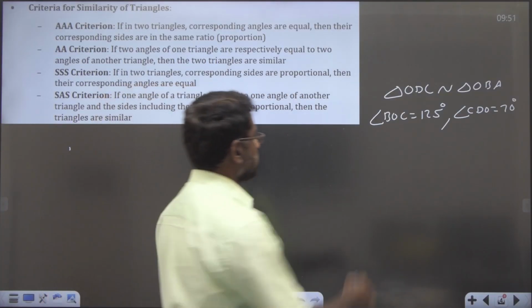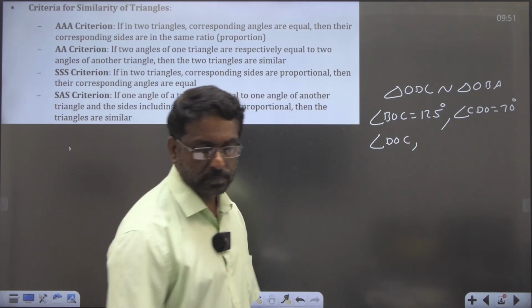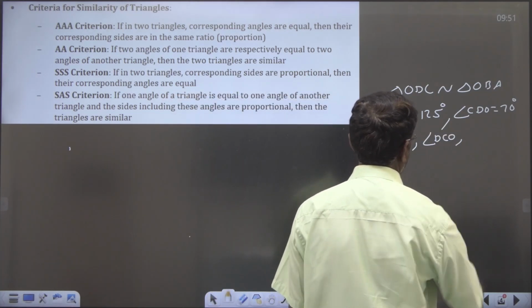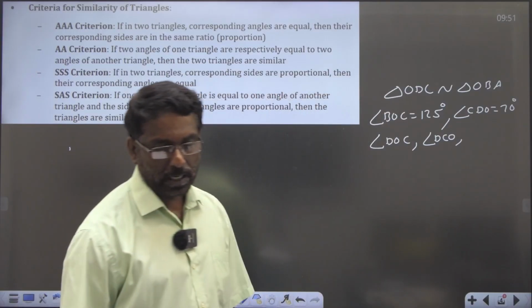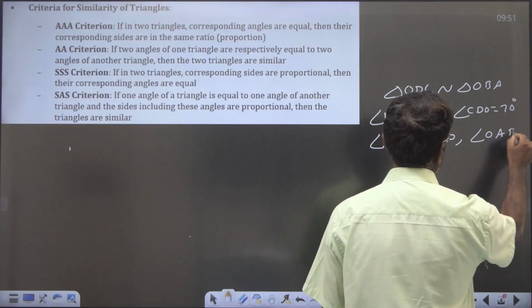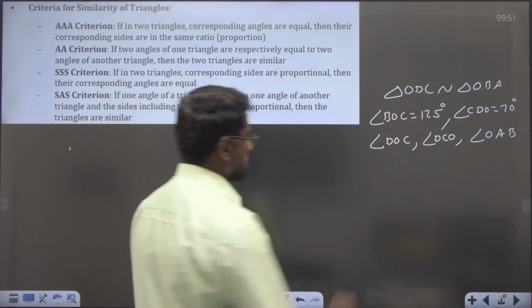Find angle DOC, angle DCO, and angle OAB. Figure is also given like this.